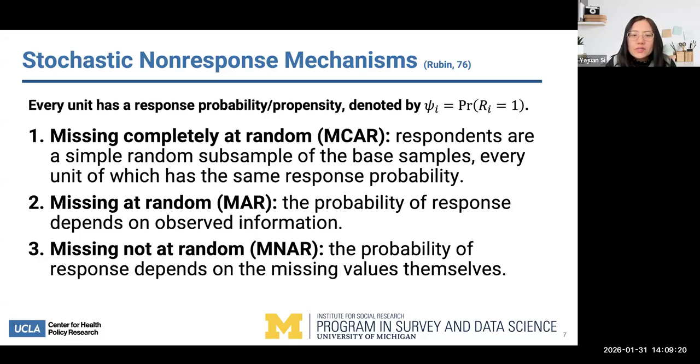However, if the probability of response depends on the missing values themselves, this creates missing not at random. This would be the case that would cause biased estimates if we only use the longitudinal data themselves. However, in practice, without additional information, we cannot verify missing at random assumptions.